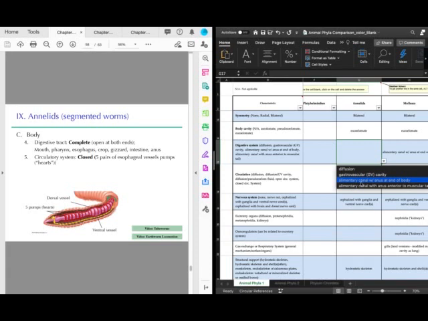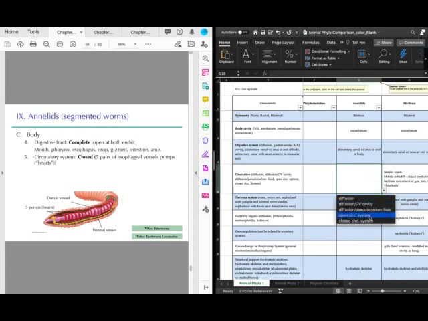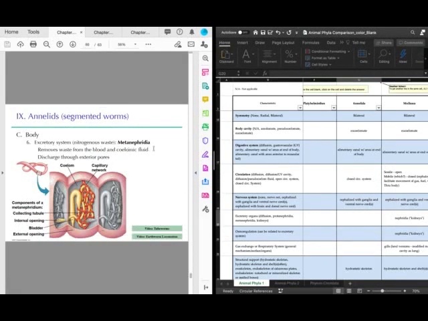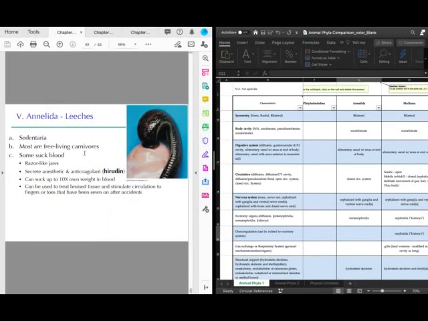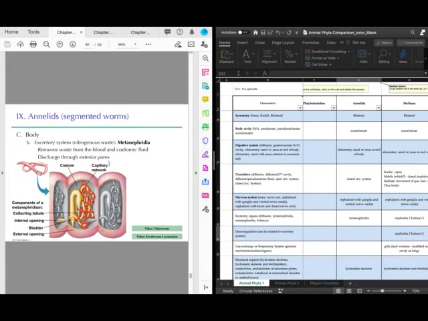I think it's at the end of the body. Circulation, closed circulatory system, closed. Excretory organs, metanephridia, osmoregulation, nitrogenous waste.